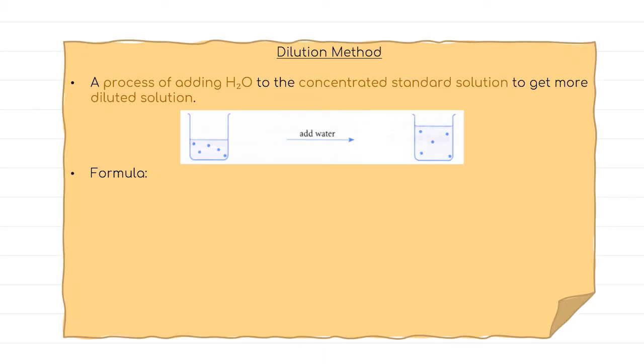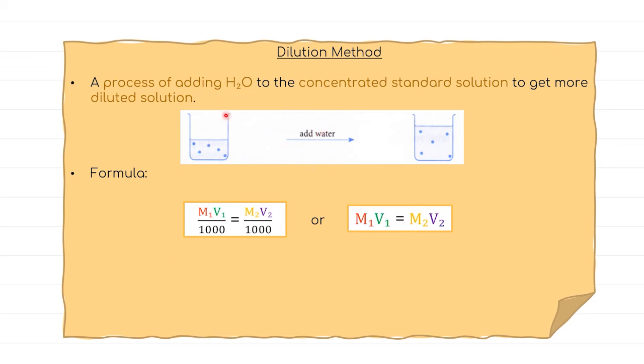Here we are going to look at the dilution method, which is a process of adding H2O to a concentrated standard solution to get a more dilute solution. We can see there are two formulas here, M1 V1 over 1000 equals M2 V2 over 1000, or M1 V1 equals M2 V2.